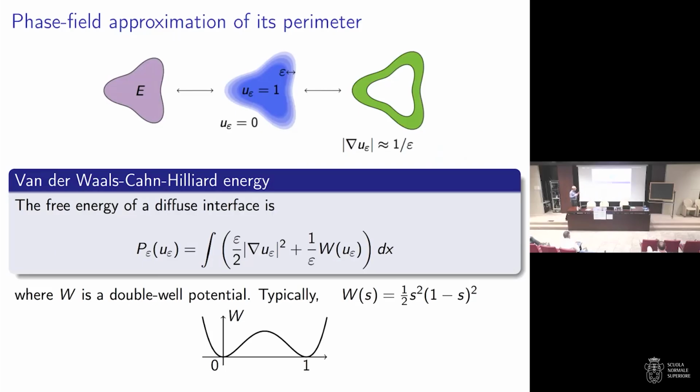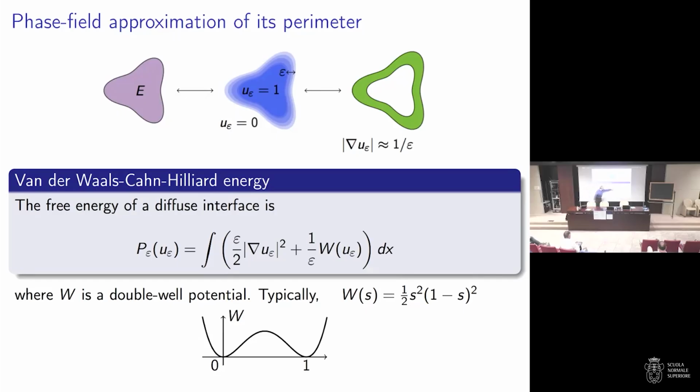And so the idea is the following: you want to approximate, say, the perimeter of this set, so the area of the boundary. The smooth energy that you propose has two terms. One term which penalizes the gradient of the phase field approximation. So essentially it is supported in this diffuse interface zone.